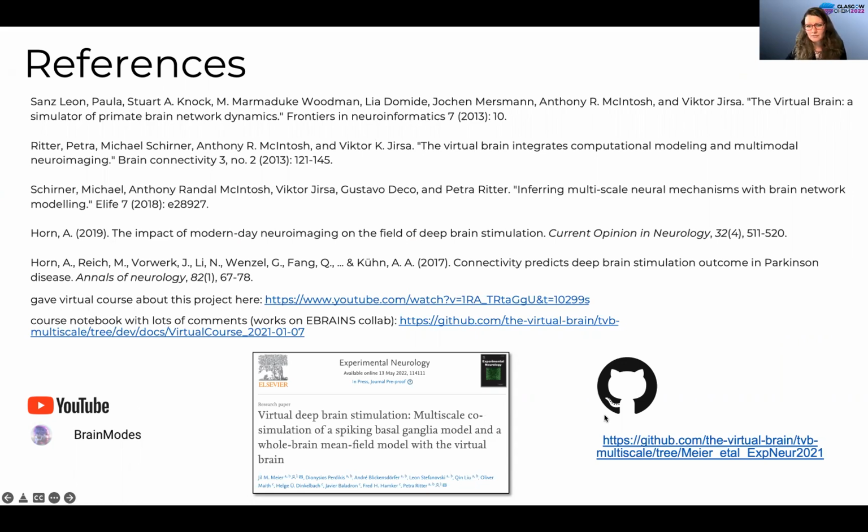Then, from our paper, all the code is online on GitHub, so you can also play with this multi-scale model if you like, to get some spikes out and some average activity on the population level. We also gave a much longer virtual course on exactly this topic, of about 3 hours, where we took a lot of time explaining details and commenting on the code. That's also on YouTube, so feel free to watch it as well.